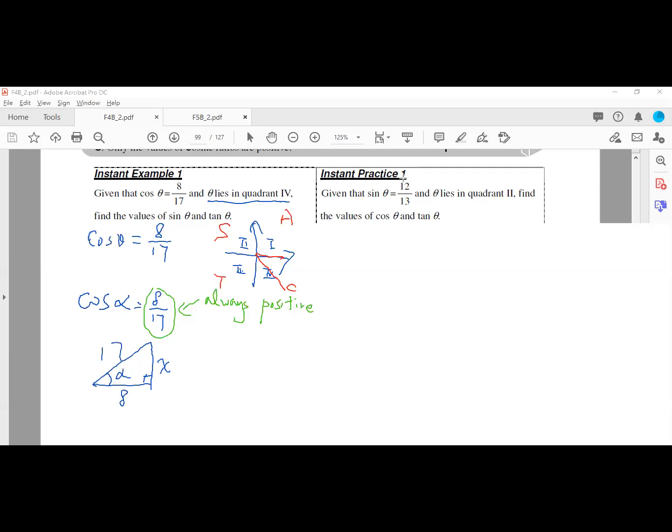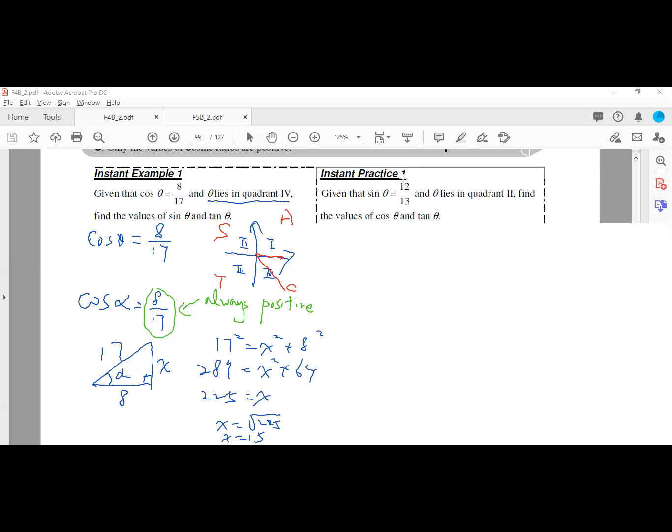going to use Pythagoras theorem to find the value of x. Okay, 17 squared is equal to x squared plus 8 squared. And then 289 is equal to x squared plus 64. So 225 is equal to x squared. And then x is equal to square root of 225. So x is equal to 15.